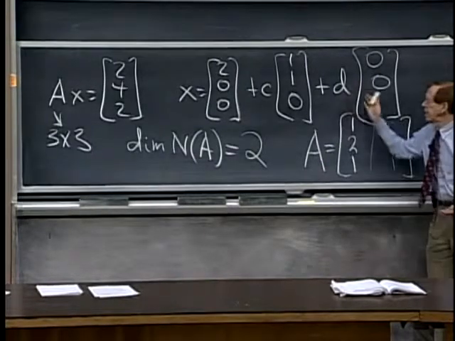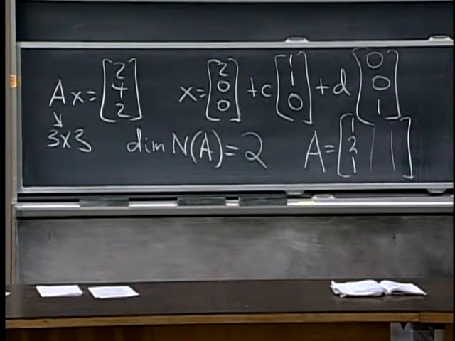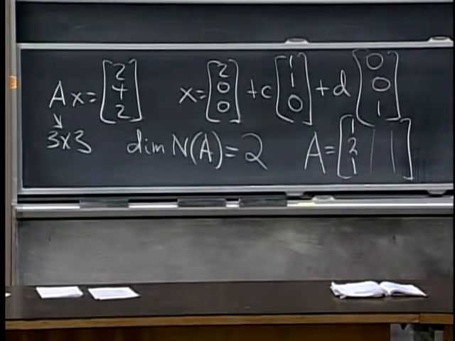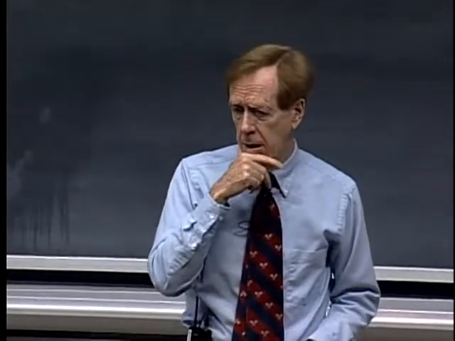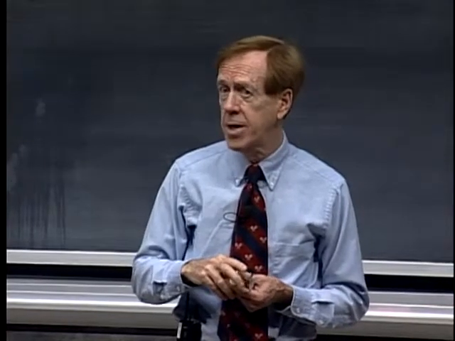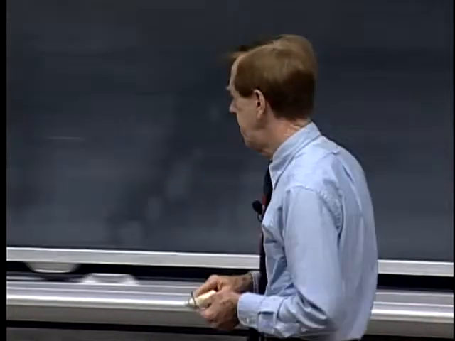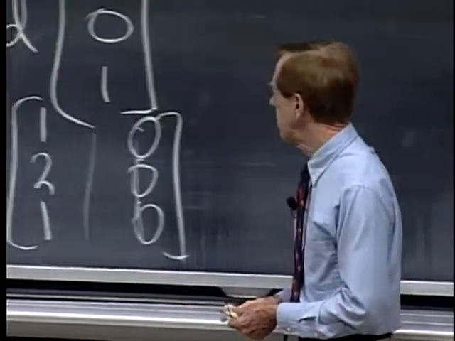And what information have I got to find them with? I've got the null space. So the fact that this is in the null space, what does that tell me about the matrix? A matrix that has 0, 0, 1 in its null space? That tells me that the last column of the matrix is zeros. Because this is in the null space, the last column has to be 0.